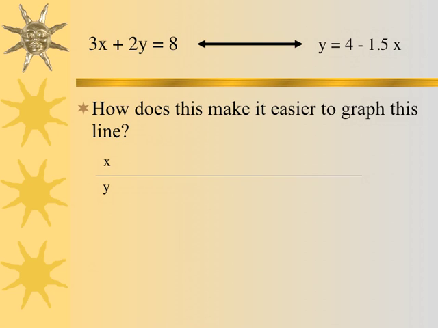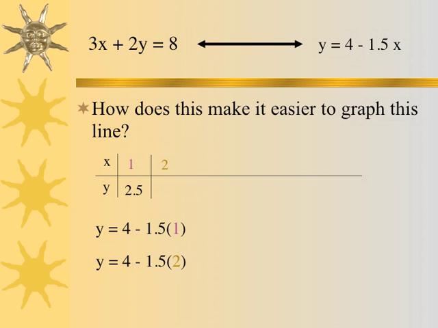So how does having gotten the y by itself make it any easier to graph this line? Well, when I have an equation where y is already all by itself, on the other side of the equation I can just drop in the x, and it very quickly spits out what the y should be. It's easy to drop in different numbers for x here because the equation is set up so that when I drop in a number for x, it spits out a number for y.